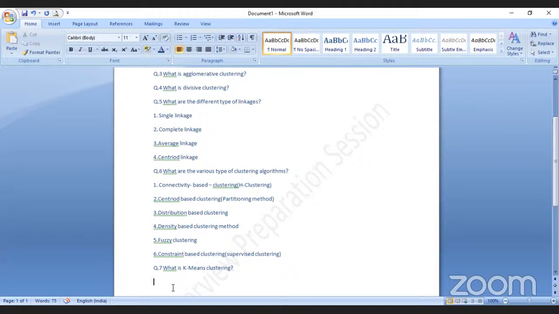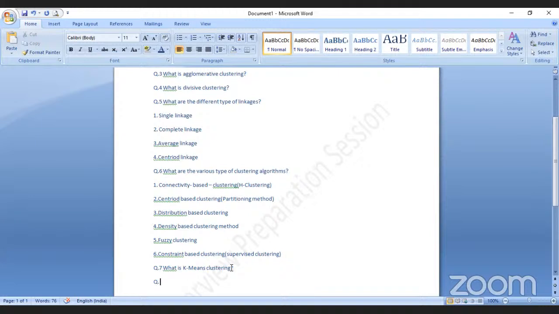K-means clustering is what we majorly use, but we also use k-medians and k-medoids.